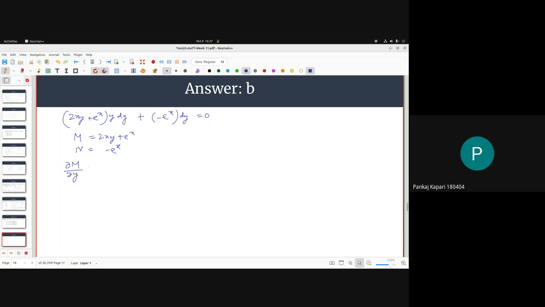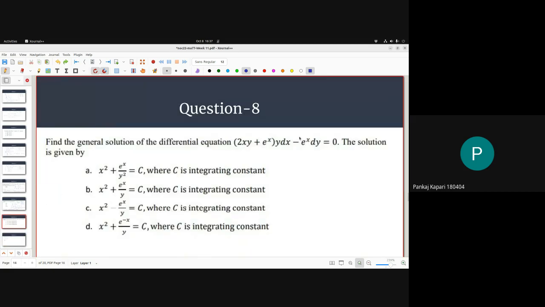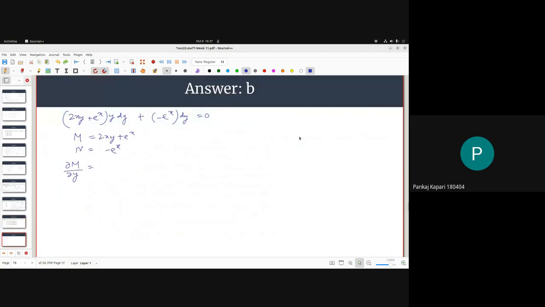So del M over del y is equal to, okay, so what is del M over del y? Because you can see that this y is also there outside of this bracket. So here we have y also.